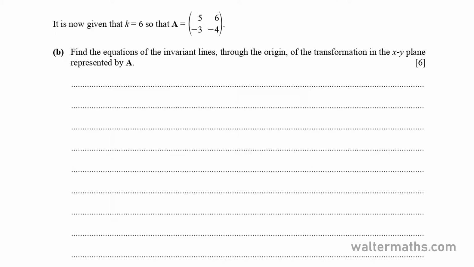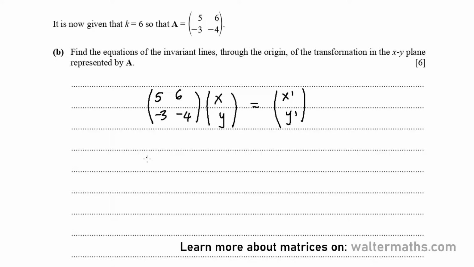It is now given that k is equal to 6, so that A is equal to the 2 by 2 matrix with elements 5, 6, and -3 and -4. So on B, find the equations of the invariant lines through the origin of the transformation in the xy plane represented by A. So here, for the invariant lines, we are going to have the equation 5, 6, -3, -4 of (x, y) being mapped onto the invariant image, which is (x', y').